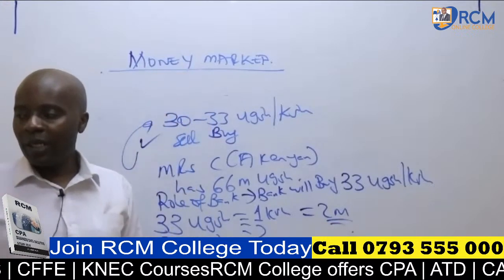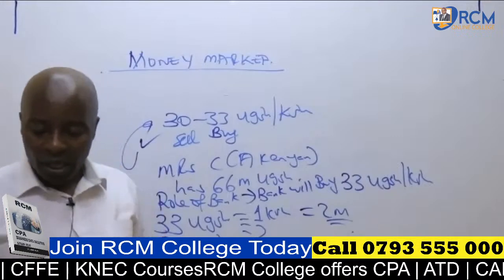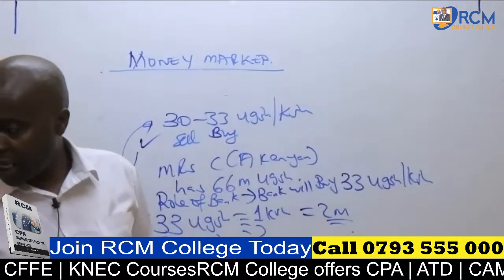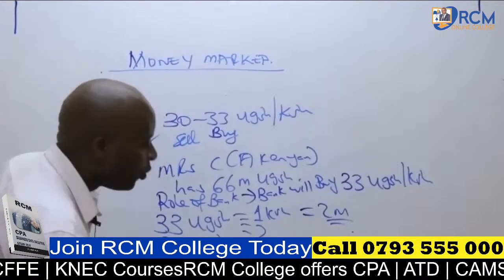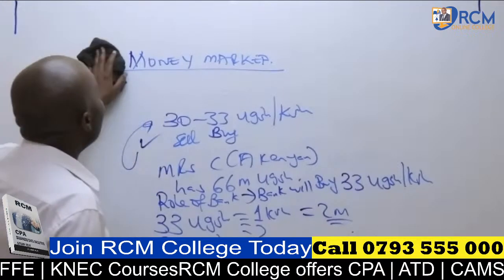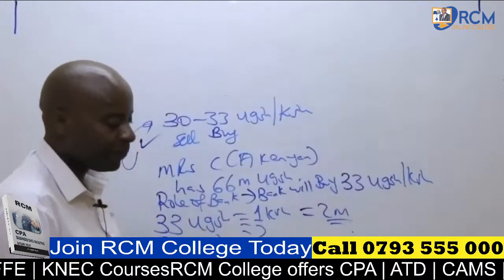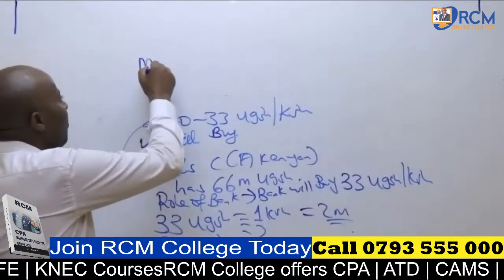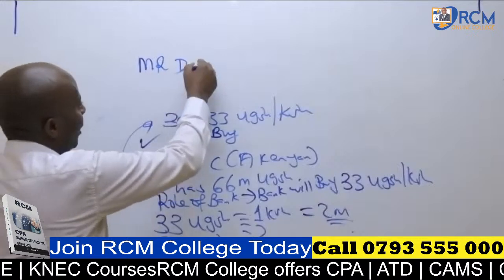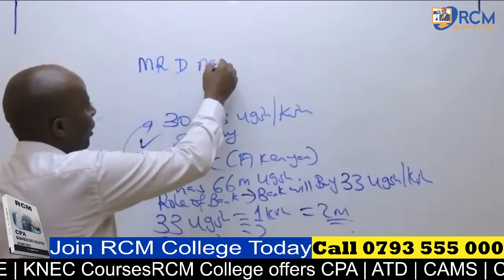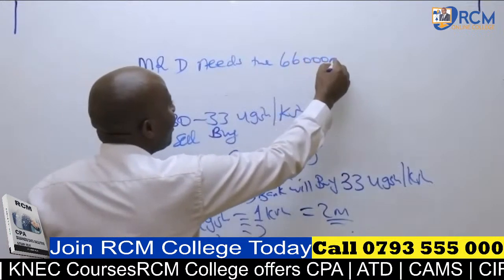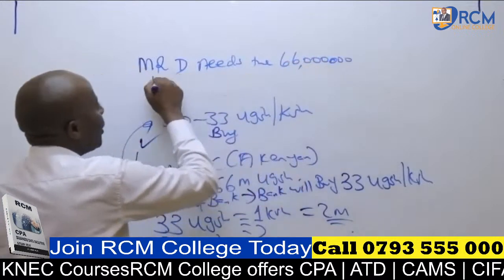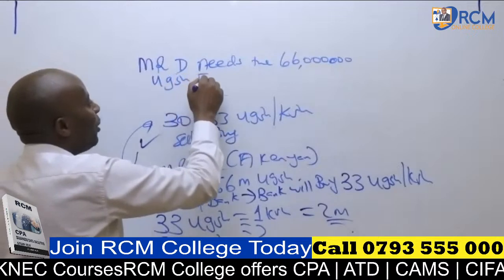Now, ladies and gentlemen, listen to me very well. After Mrs. C leaves the counter, we have a Mr. D. Mr. D needs the 66 million Uganda shillings from the bank.